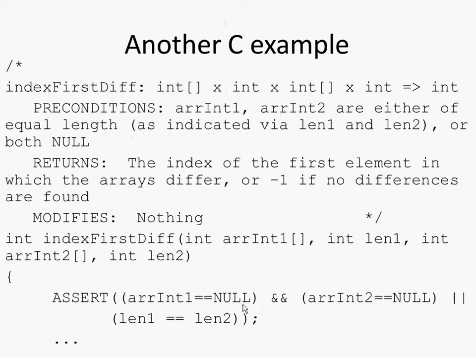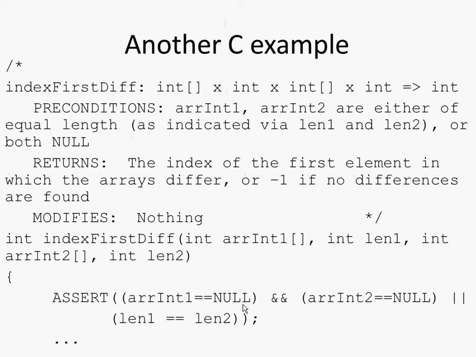And we again encode these preconditions. And here we say, okay, either both of these arrays are null, or they're equal length. They can both be null, that's fine, in which case we will return -1. If they actually do have elements, they've got to be the same length.